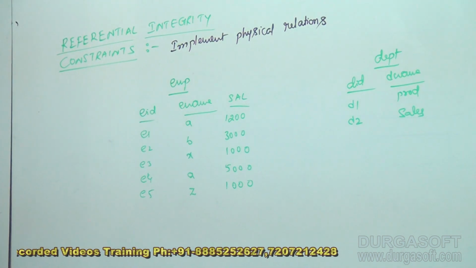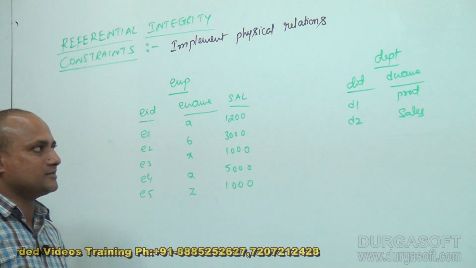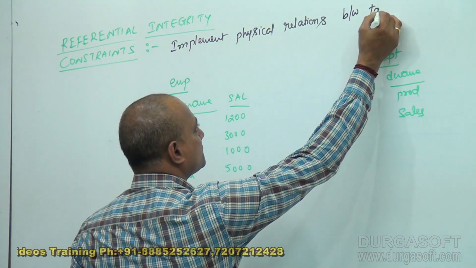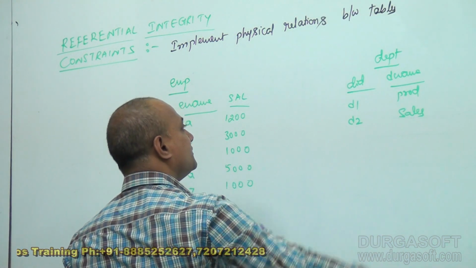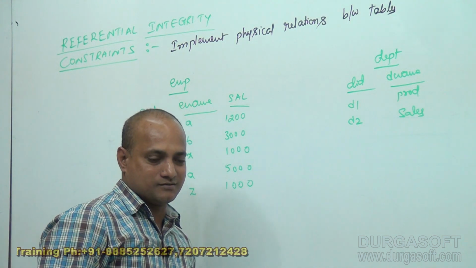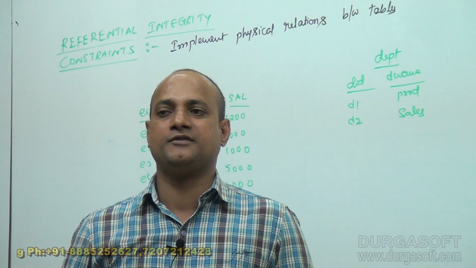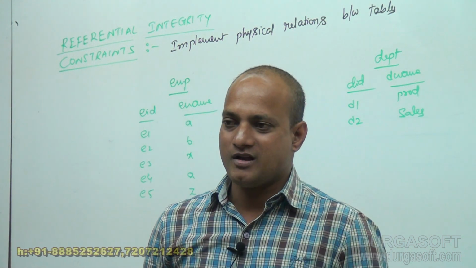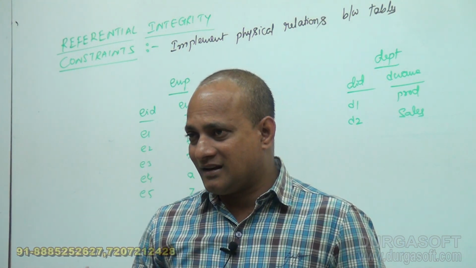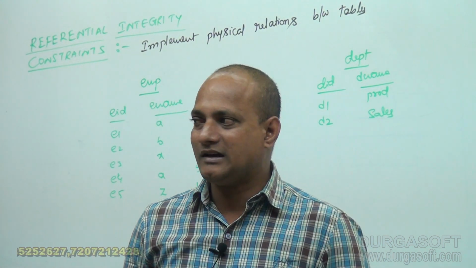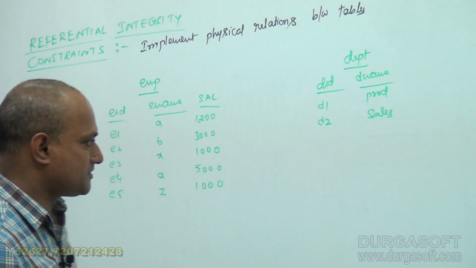What is the advantage of defining a physical relation? If you define a physical relation, you can fetch any kind of information from the tables, and you can also maintain the integrity of data among the tables.